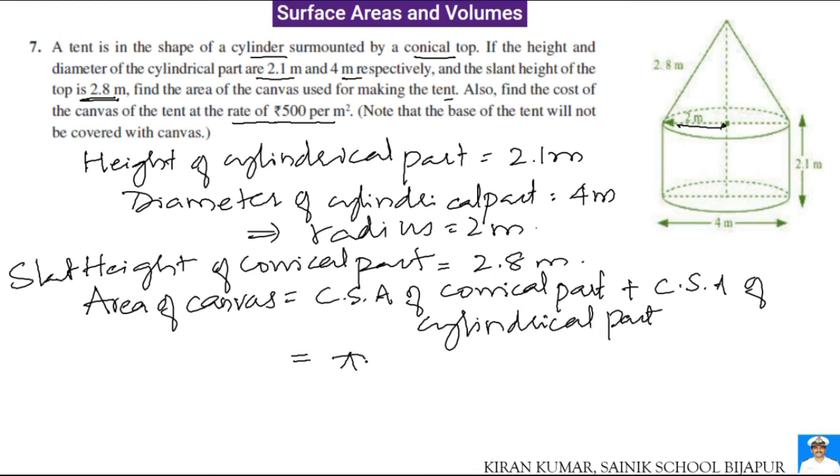For the conical part, it is pi rl plus 2 pi rh. We can take pi r as common. We get l plus 2 times h.